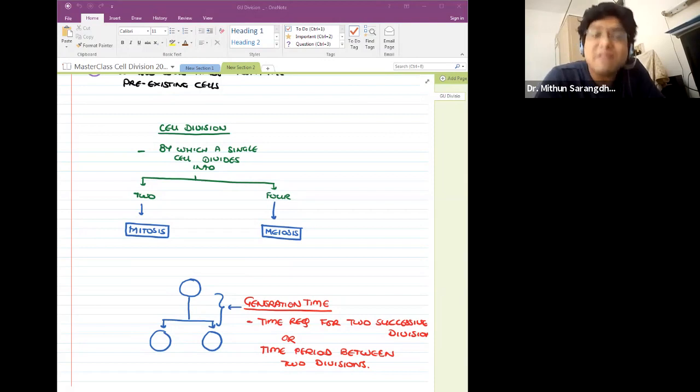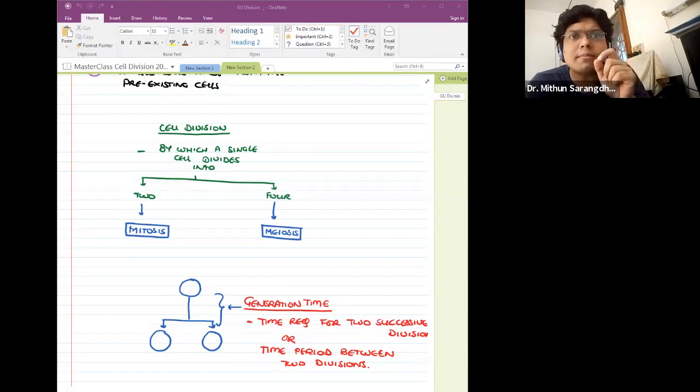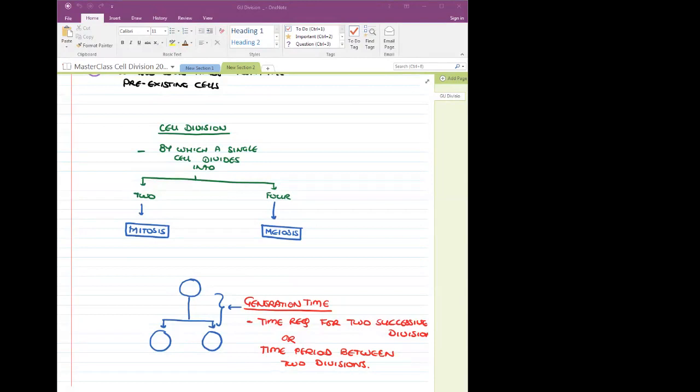Some cells will never divide in their life, for example the nerve cell or neuron. If we talk about a bacterium like E. coli, it takes only 20 minutes for division, but yeast takes around 90 minutes. So remember, 20 minutes for E. coli and 90 minutes for yeast. Always remember, generation time for different cells is different.